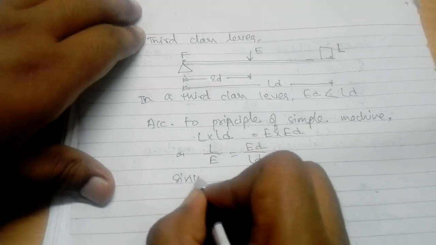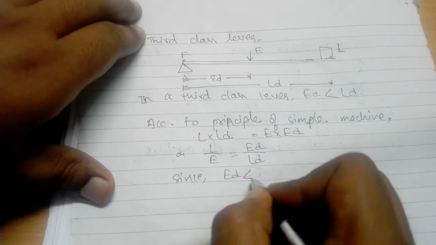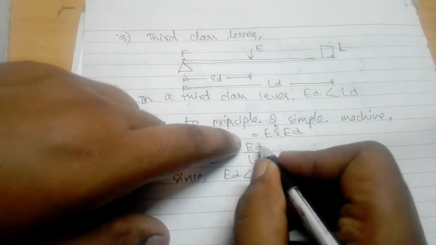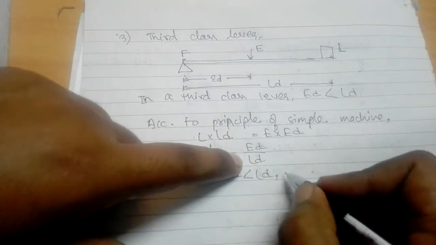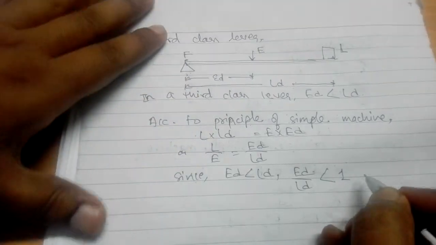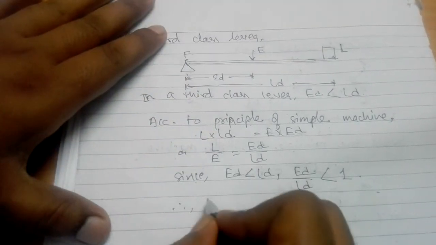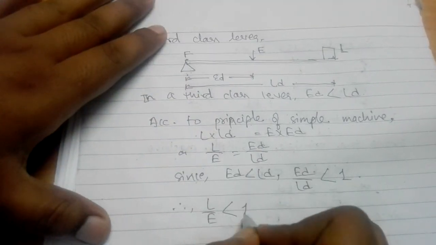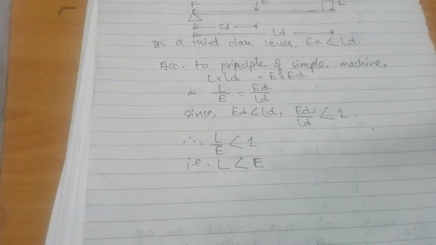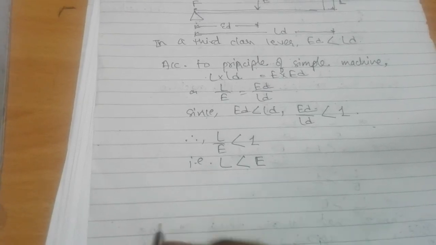And since ED is always smaller than LD, the numerator is smaller than the denominator, then ED by LD is also less than 1. Therefore, L by E is also less than 1. That is, it provides us L is smaller than E. That means you need to apply more effort than load.